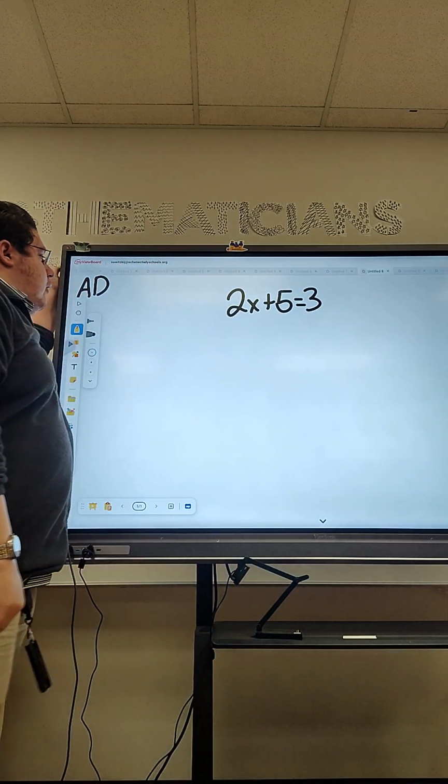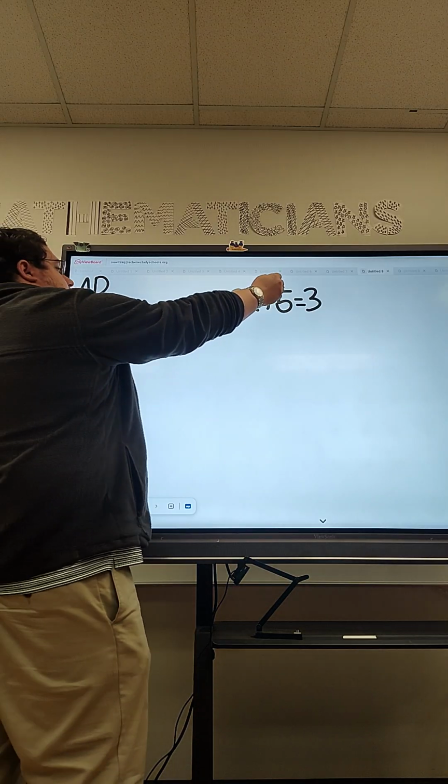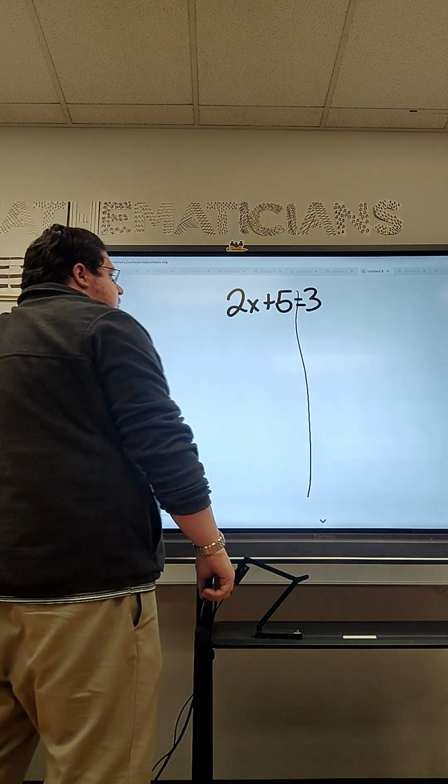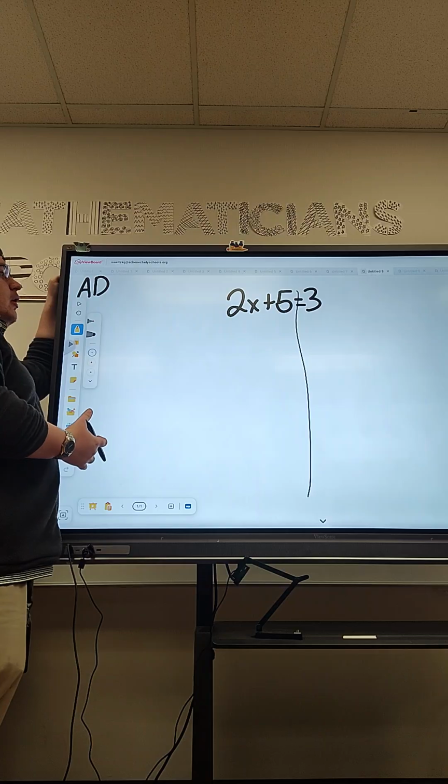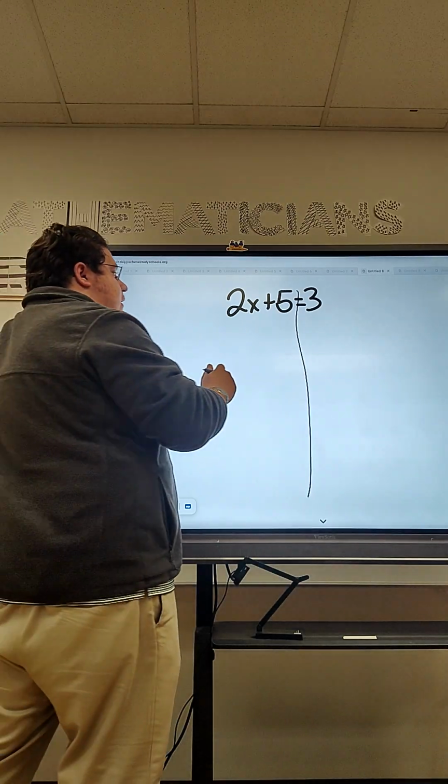Now let's talk about our two-step equations. The last two steps, A and D. This is the last thing that we're going to do to actually get x by itself. We are going to add or subtract the number that does not have the variable.